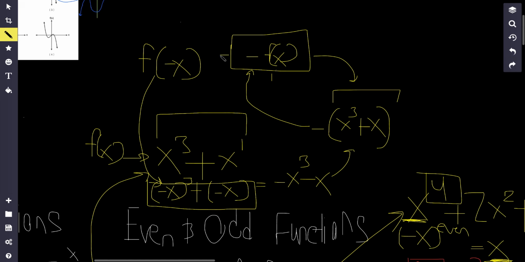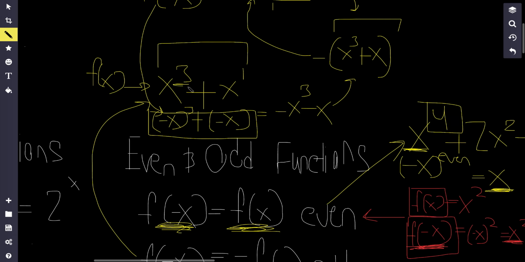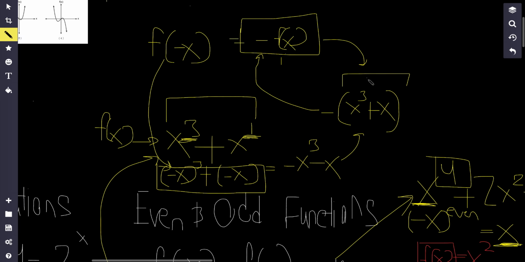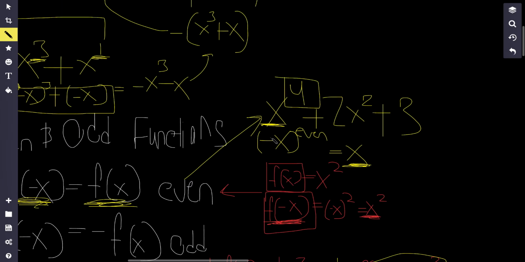Because f of negative x is equal to negative f of x, this is an odd function. Because with odd exponents you're able to factor out a negative sign at the end of the day, after simplifying, this is why it remains true when you have odd exponents.